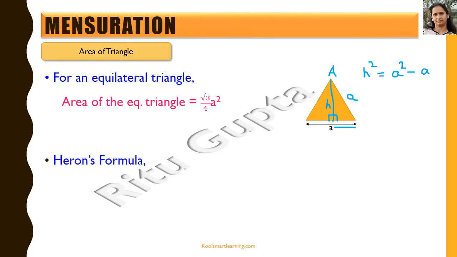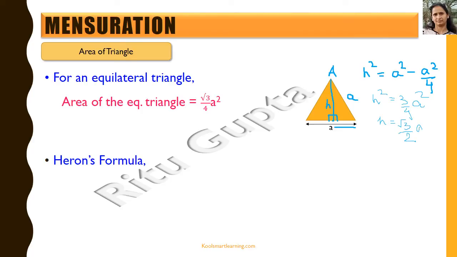So we have A square by 4. So we say h square becomes equal to 3 by 4 A square, or we can say h is equal to root 3 by 2 A.